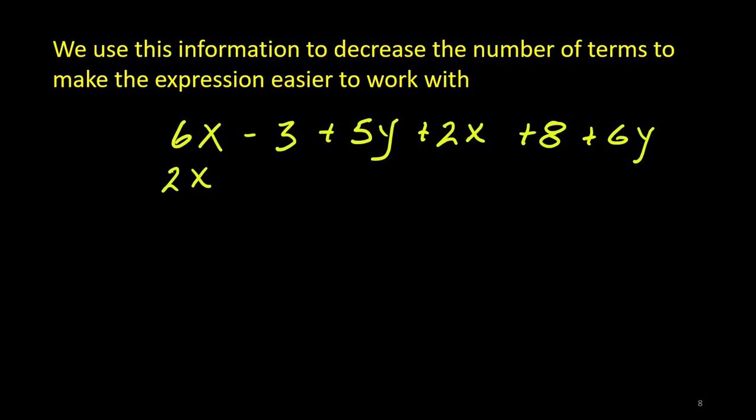I'm going to work down the page vertically, and I go ahead and mark that one out so I don't have to deal with them anymore. Now I have a number term, this -3. I'm just going to move across the page until I find another number term, and I see add 8, and I'm just going to write that here, and I'll mark him out so I don't have to be concerned with him anymore.